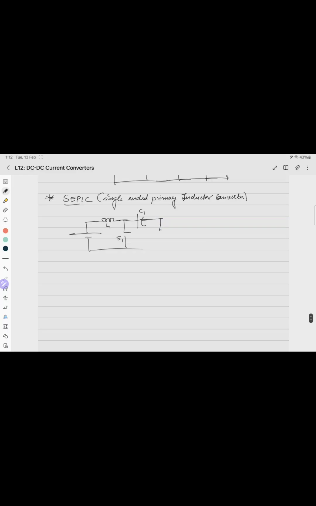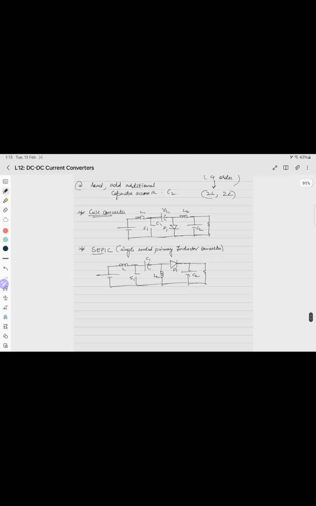But here, instead of the diode, we have L2, then we have a diode D1, and C2. These are the famous fourth order DC-DC converters.